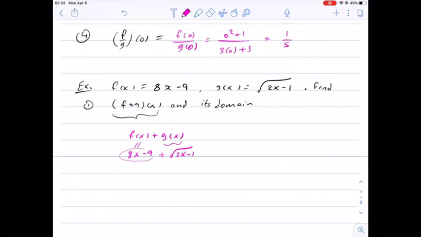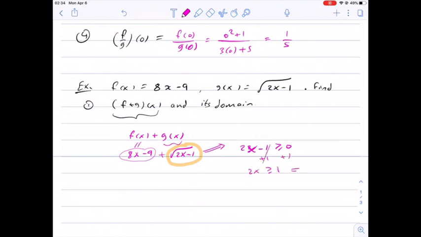Now we want to find the domain. For the domain, this part doesn't have any problem because this is a polynomial. But the second part, the square root, is only defined for a non-negative inner function. So we want 2x minus 1 to be greater than or equal to 0. And then we solve this inequality.